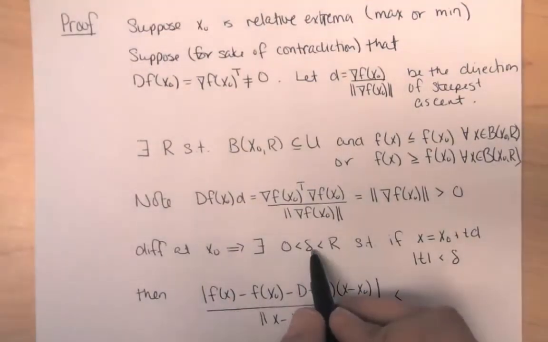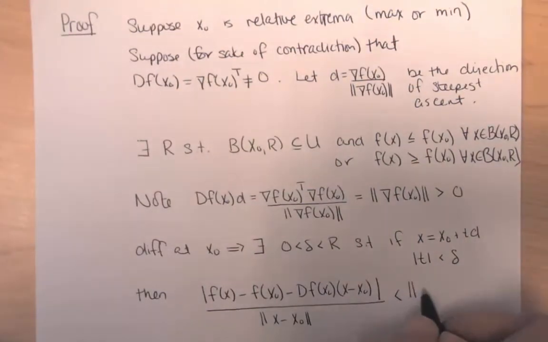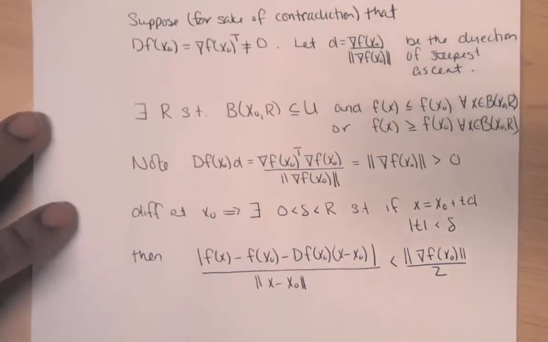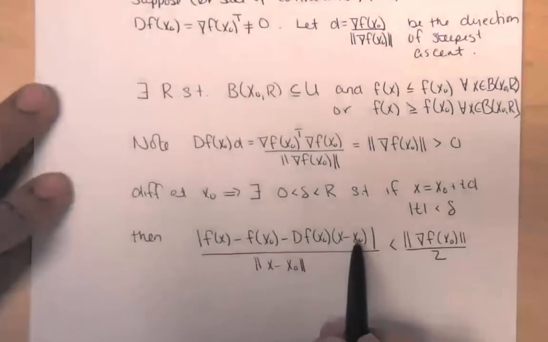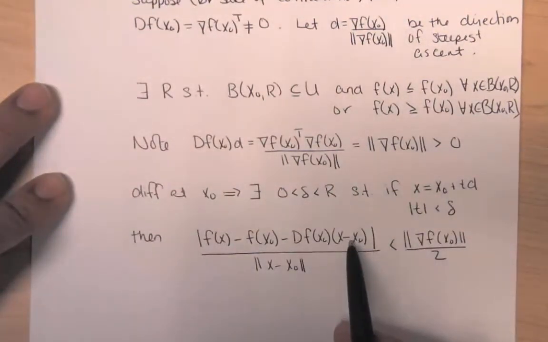Whatever I want, there's a delta that'll give me my condition. Let's make it less than half the gradient at x naught in magnitude. Well, x minus x naught, if x is defined by this, is just t times d.